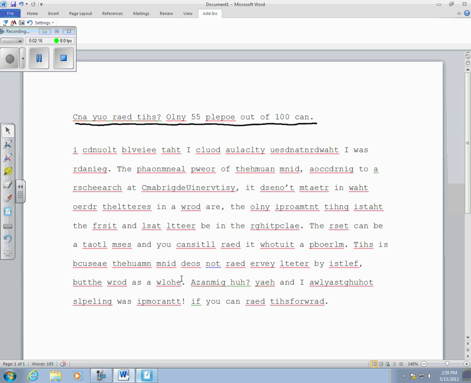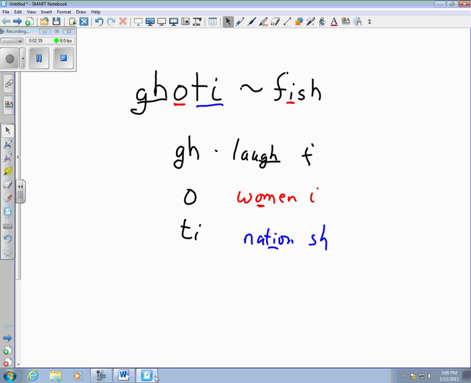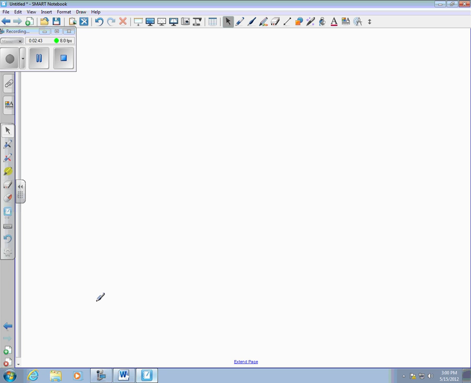Now, this particular paragraph is a result of some work at Cambridge University on the ability of the mind to adapt to what it can see. And what it can see in this instance is a jumble of letters. However, our mind can interpret them in such a way that we can actually communicate using them. However, that's a good fortune case. It's not necessarily always the case that we're going to find that.